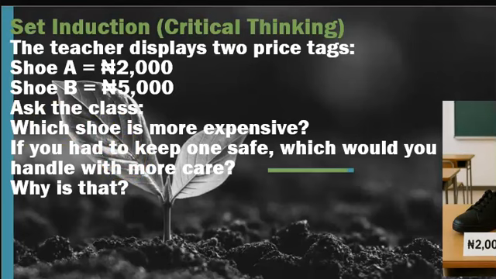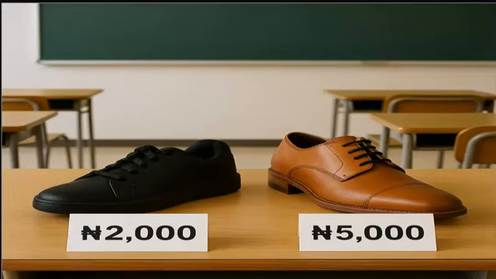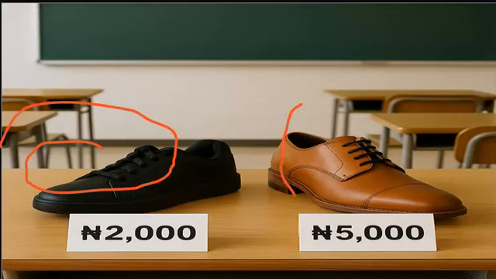Let's go back to the shoes. This is shoe A, and shoe B is here. If you look at it very closely, you will see that shoe B is more expensive than shoe A. That means shoe B is more valuable than shoe A. You know why? Because shoe B probably may last longer than shoe A. So these are the things we need to consider in this lesson, then we move further.